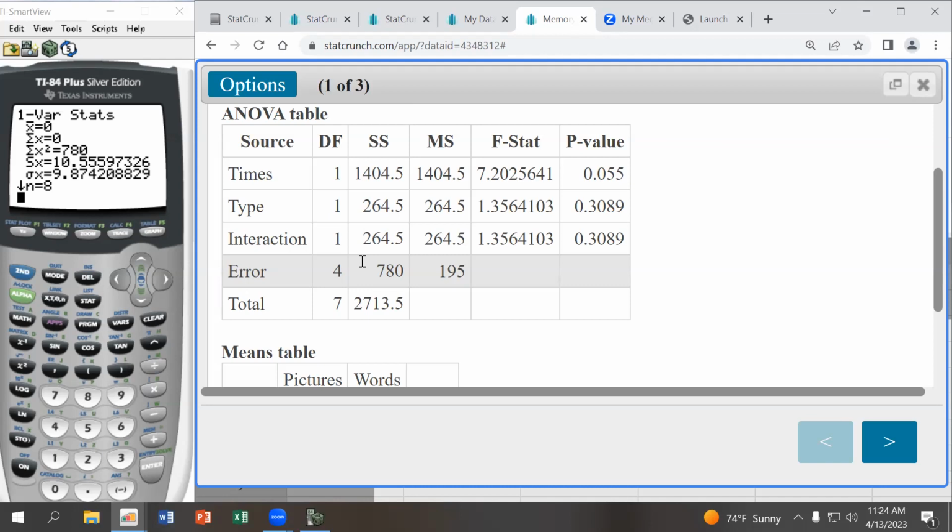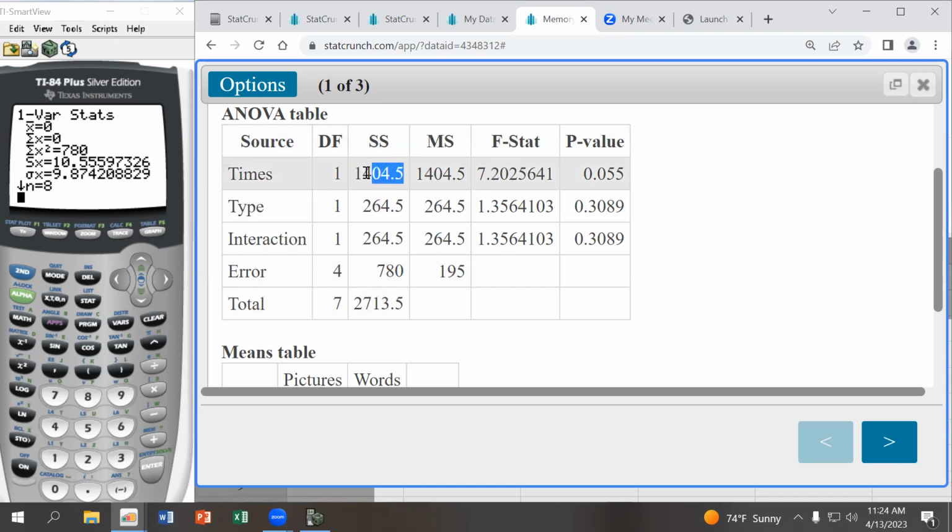Good so far? So the order is DF for row, type, interaction, total for the DF, and then that will give you the DF for error. When it comes to SS, you do interaction last because it's the most difficult one. Good. Once you have these two, everything else is easy.